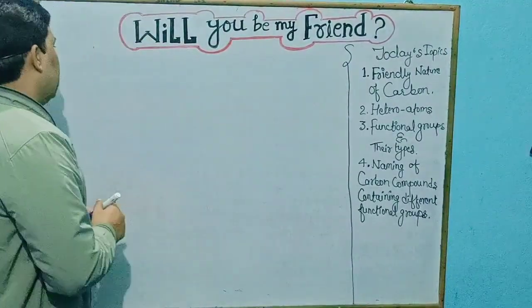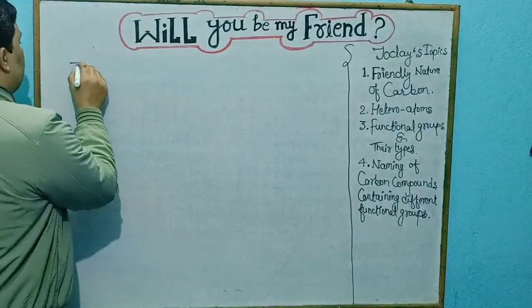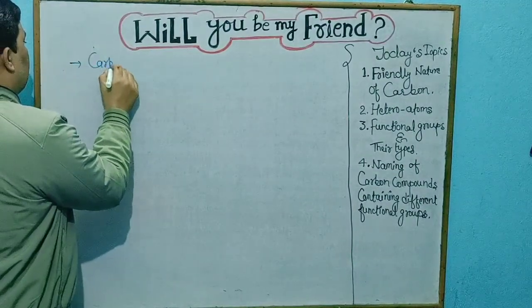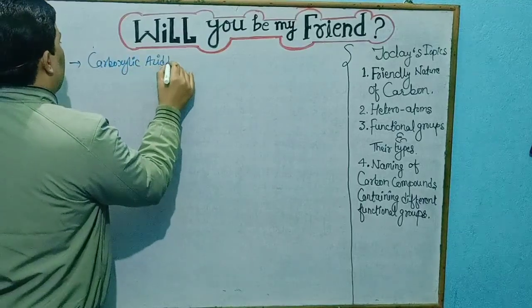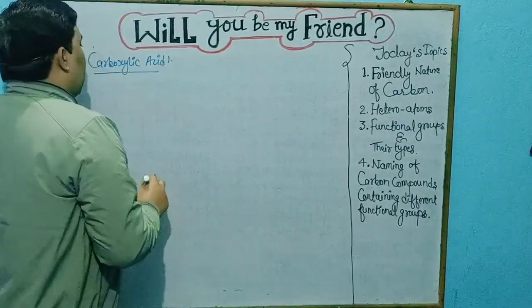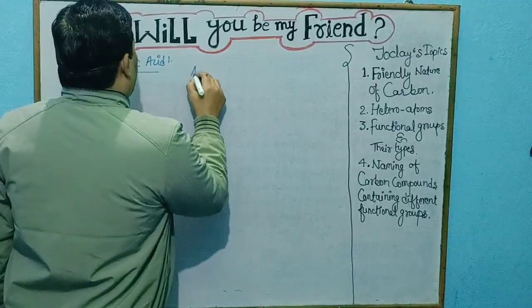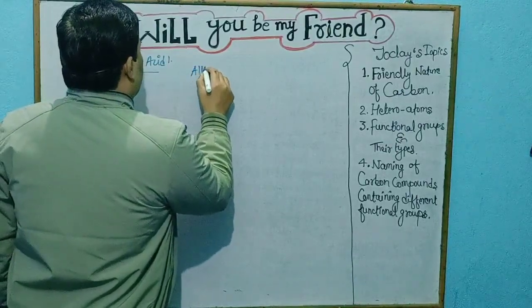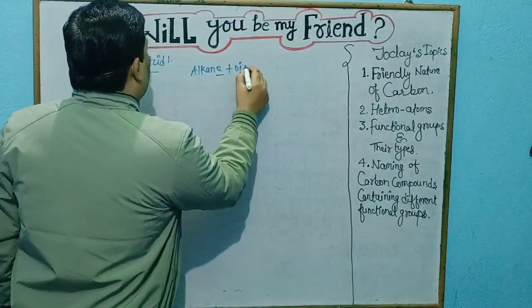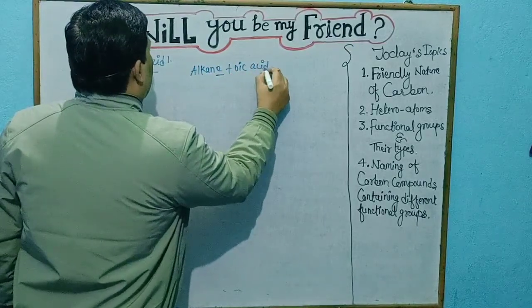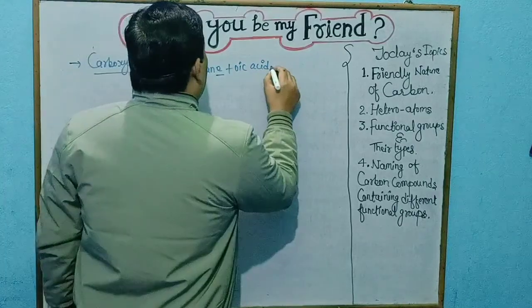Acid. Carboxylic acids are named by replacing E of alkane and adding OIC acid. So it becomes alkanoic acid.